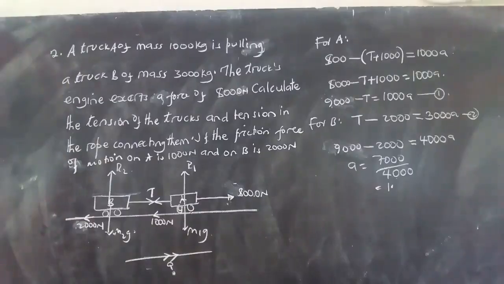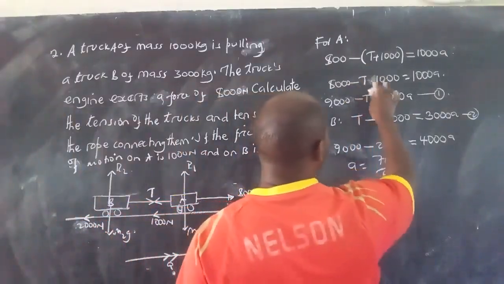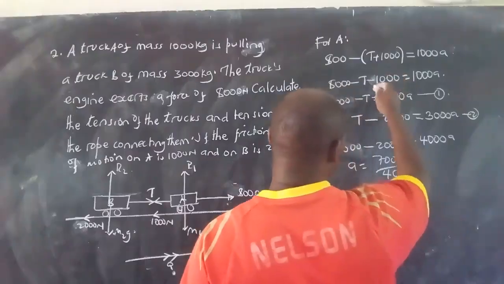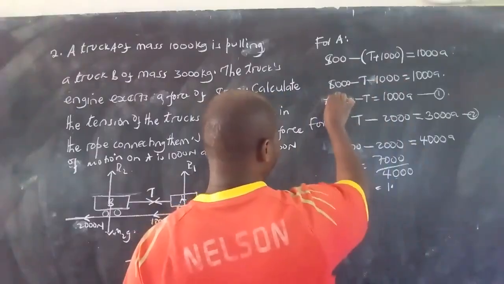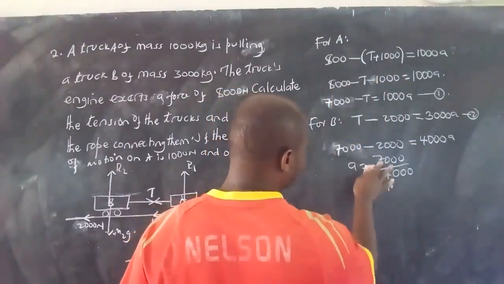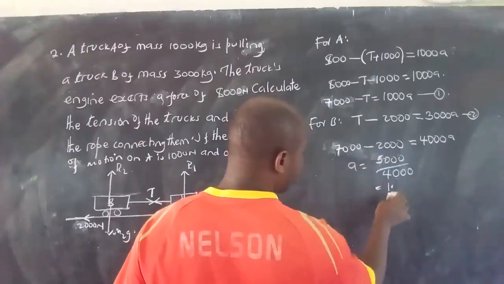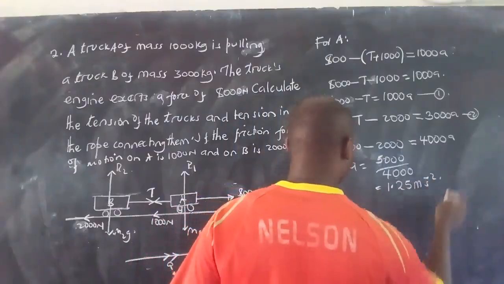Okay, another mistake was here. When you open brackets here, you get negative. When you open brackets, this becomes 7. 7 minus 2, this becomes 5, which gives us 1.25 meters per second squared.